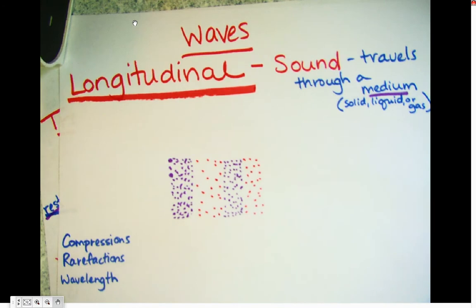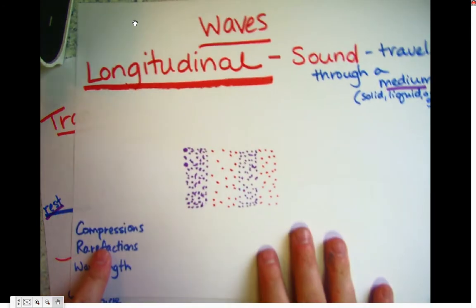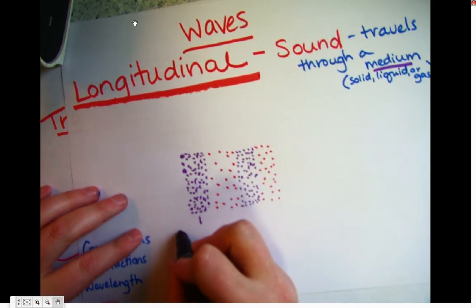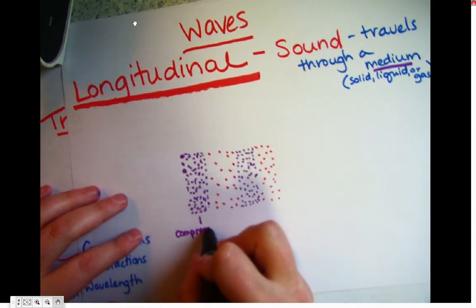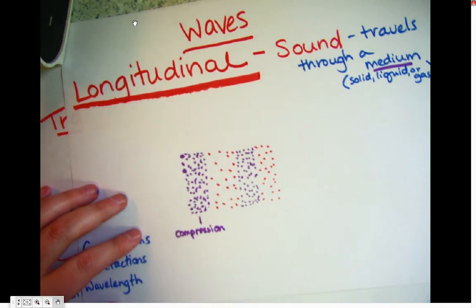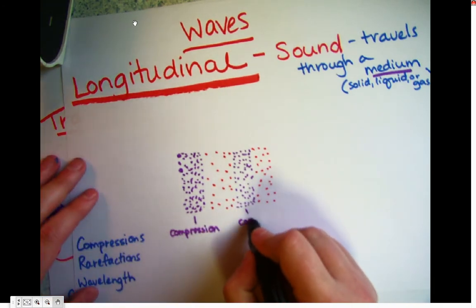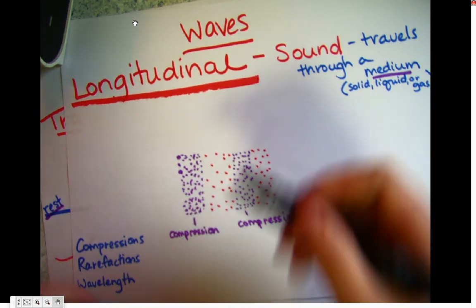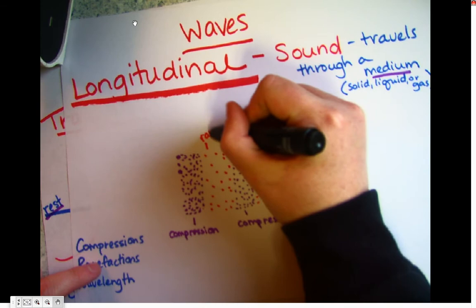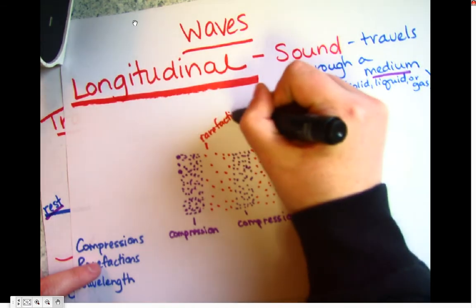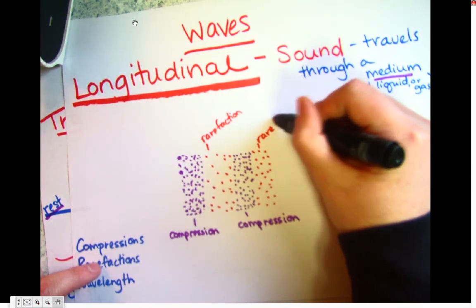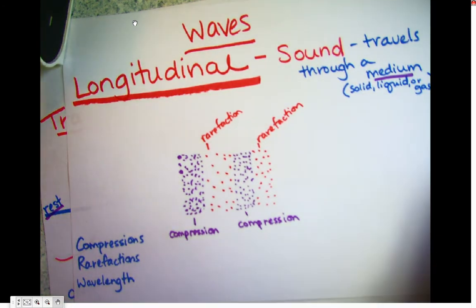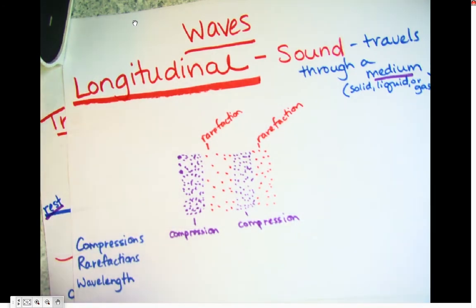So when we label them, we start off with compression. And remember, the close parts together are your compressions. So this is compression. Where's my other one? Right here. And then my rarefactions are the ones that are further apart. So the wavelength here is going to be measured a little bit different, but it's not hard at all.